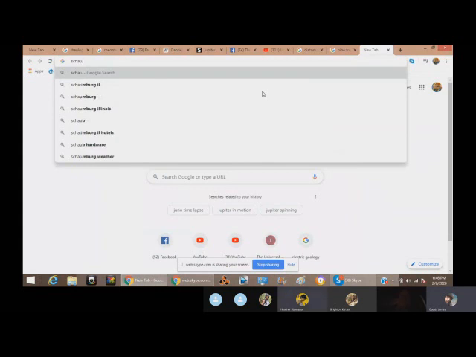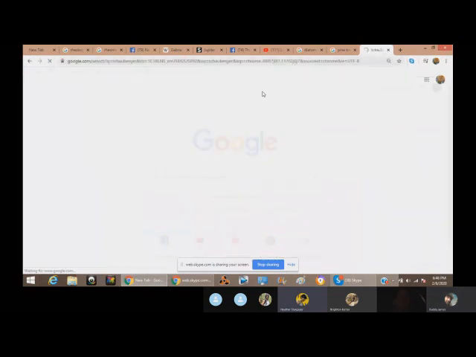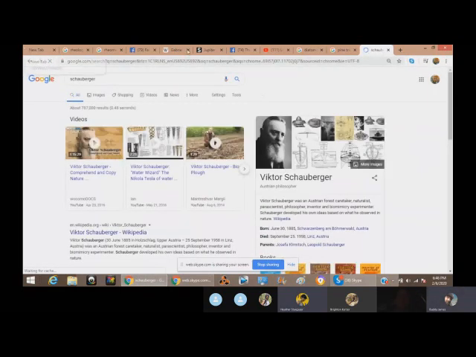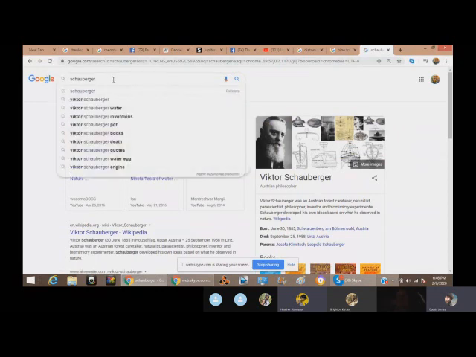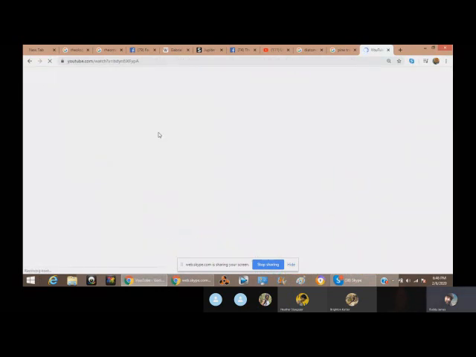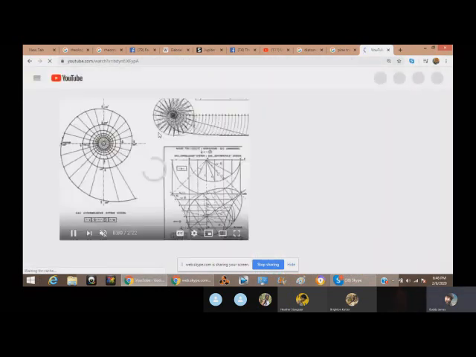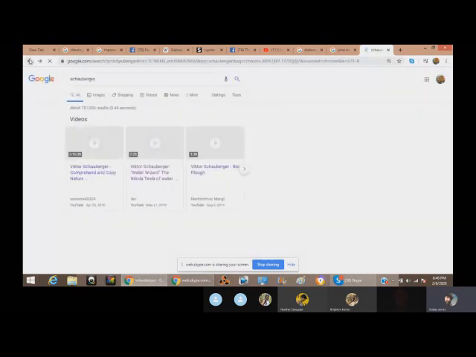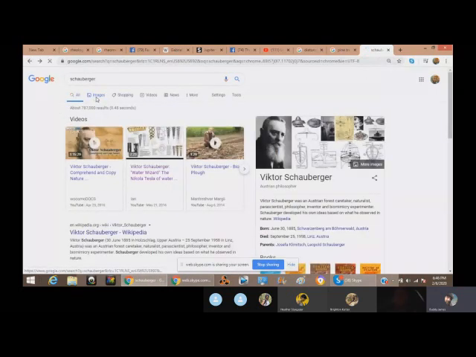It's kind of making me think too that a deciduous tree and a conifer tree would be the opposite shape. Oh, that's Schauberger's funnel. So you look at that. Oh, that was it. Here we go. Okay. Oh, this is a video. I didn't want to do a video. Okay, images.